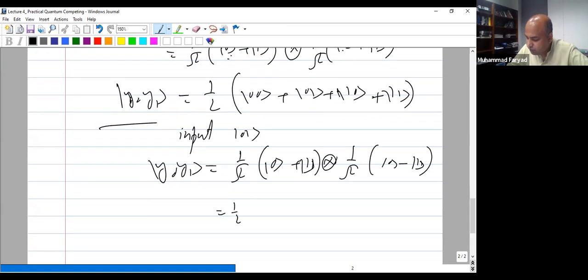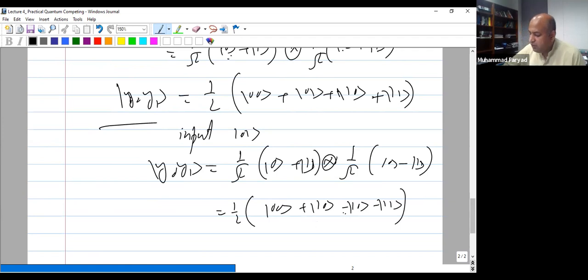So this becomes 1 over 2, |00⟩ - |01⟩ + |10⟩ - |11⟩. So this is still a uniform superposition state with equal magnitudes of amplitude, which means probabilities are still equal for all possible states to be present at the output. Only there are phases as well because of the minus sign.